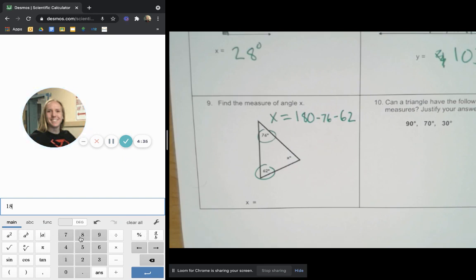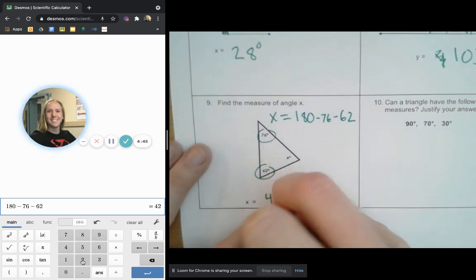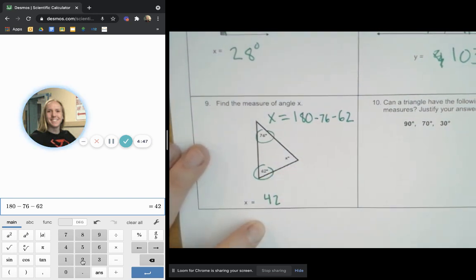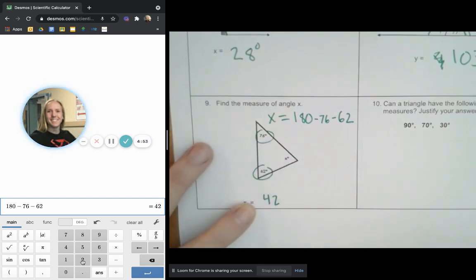So 180 minus 76 and minus 62 should leave us with an angle of 42 degrees for the missing angle. So X has to equal 42 for that one right there, because 42 plus 62 plus 76 equals 180.